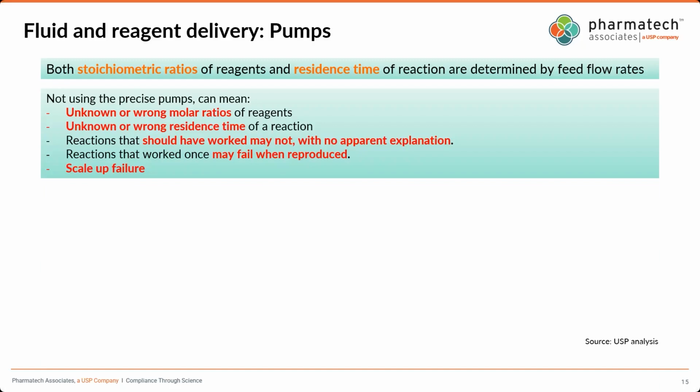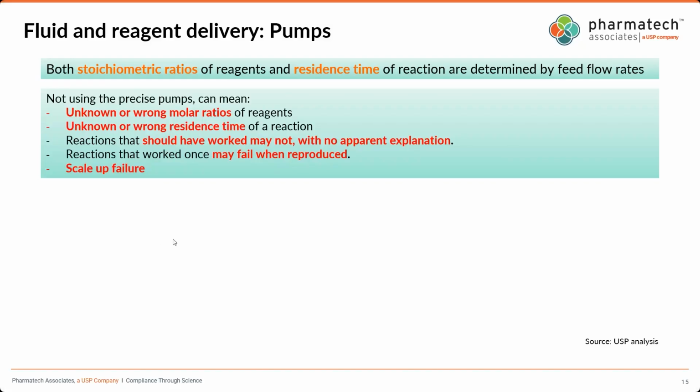However, this is only possible in continuous manufacturing if the variables of the reactions are accurately known. So in this case, the reaction temperature, concentration, the stoichiometric ratios of the different reagents, or the residence time would be variables that could be important when you're developing a process.